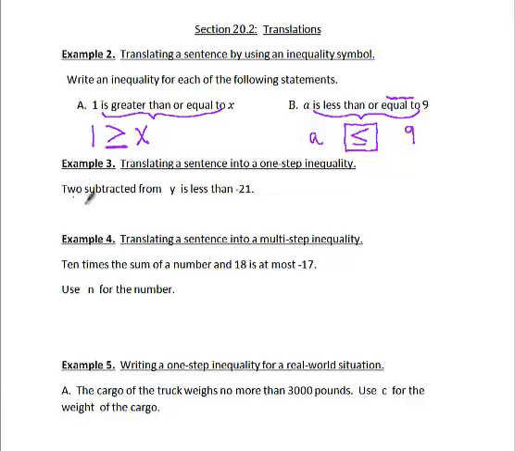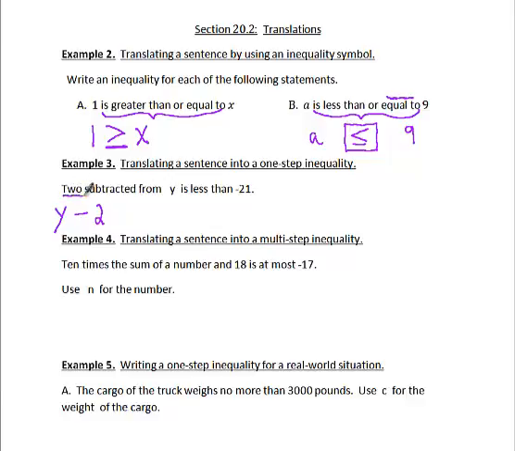So 2 would just simply give us the number 2. 2 subtracted from y. Okay, the order of subtraction matters, and if we subtract 2 from some other number, then that number goes first, and so the 2 would go behind the y. We'd subtract the 2.